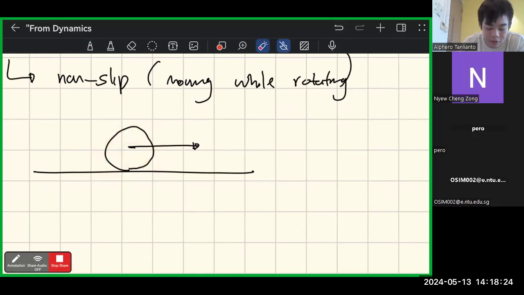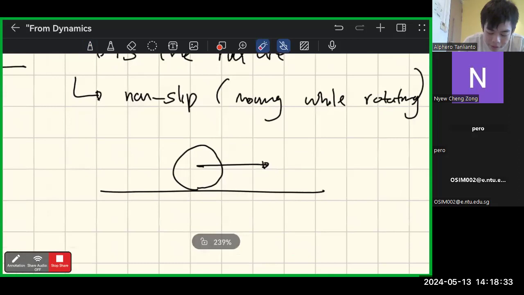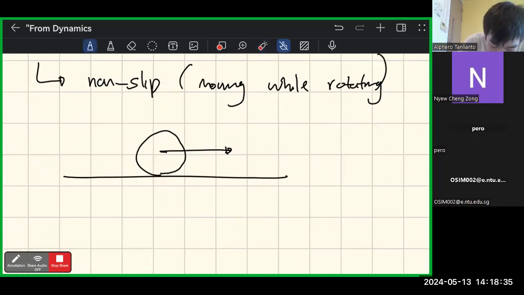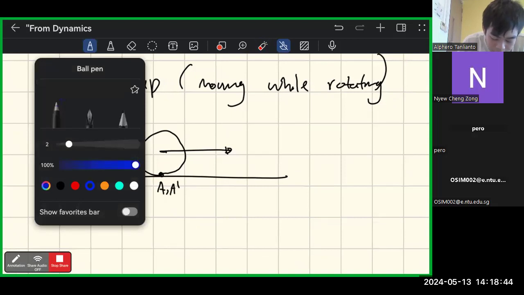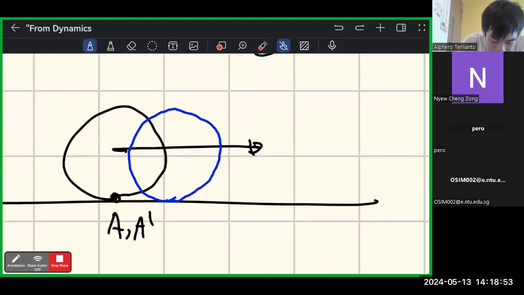What do I mean by seamlessly? If you rotate this way, as I said earlier, this kind of thing is non-slip. How come? At first, let's call this point A, and A prime at the same time. But the moment it moves to the right, it moves to the right. Okay, sorry, this is very hard to explain.